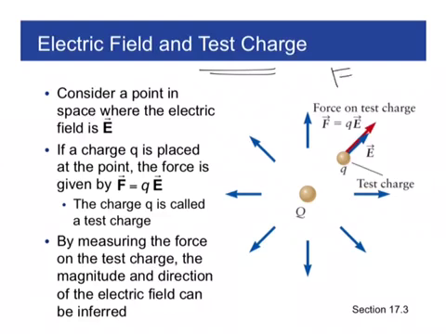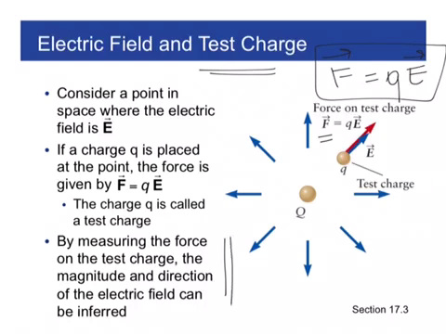So let's say the charge Q is placed at a point anywhere in the field and it experiences the force F, so the electric field at this point can be found using this formula. By measuring the force on the test charge, the magnitude and direction of the electric field can be verified. This is usually done when we don't really know what's creating the electric field.